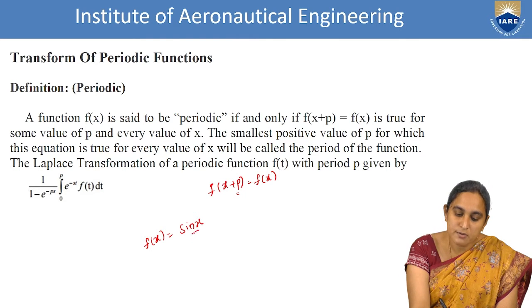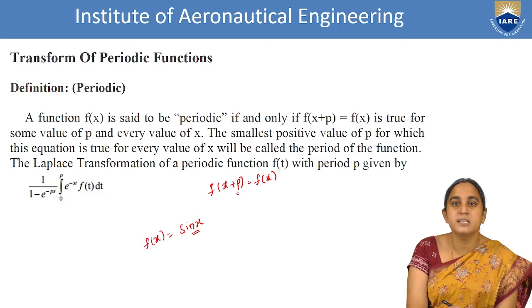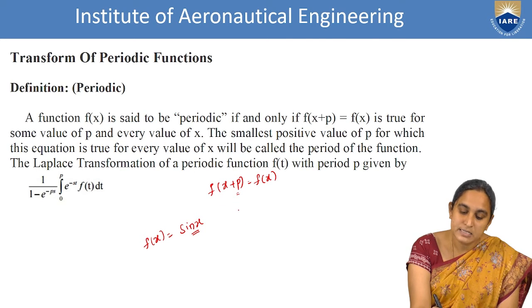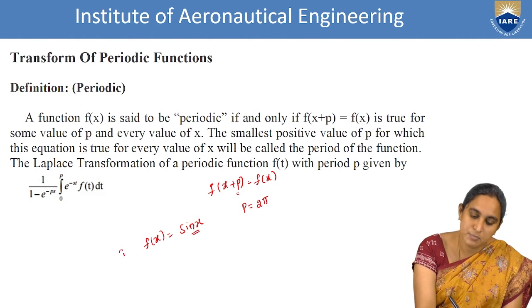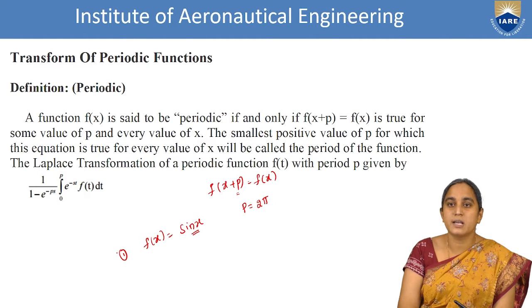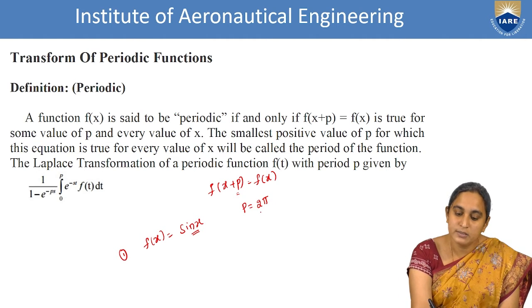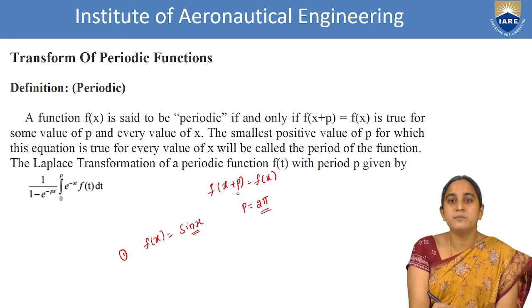Let us take p is equal to 2 pi. Here the first example, f of x is equal to sin x. I'll test with the period 2 pi, whether we get the same function or not.